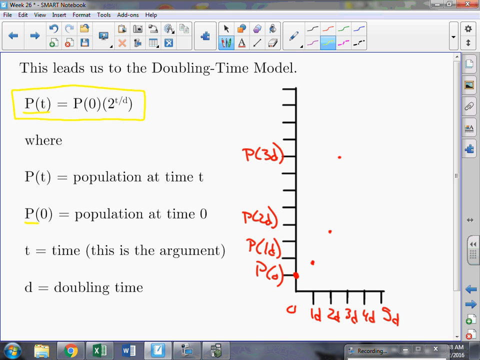P of 0 is your initial population. Whenever you start measuring time of 0, that's what we're looking at. t is going to be the argument. It's going to play the role of our x whenever we do any kind of graphing. And d is some parameter. Just how long does it take for a population to double in its amount?